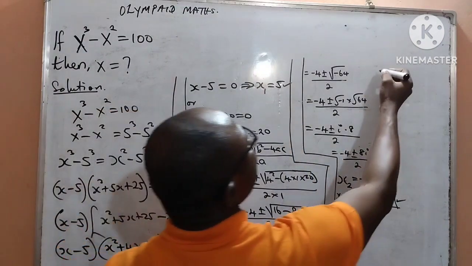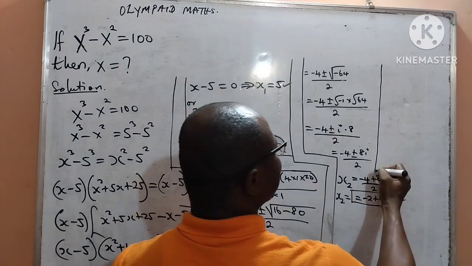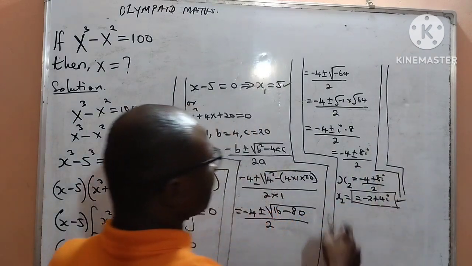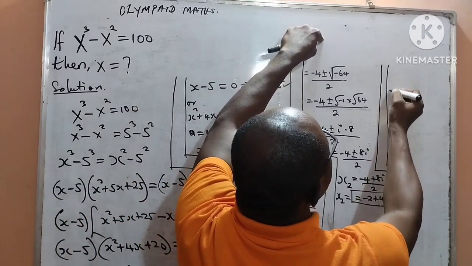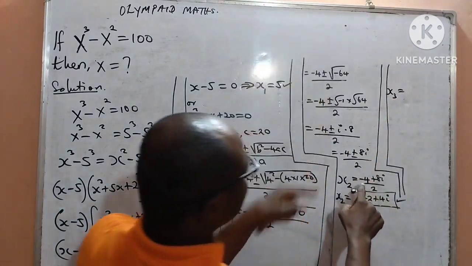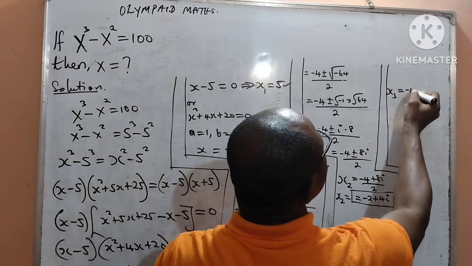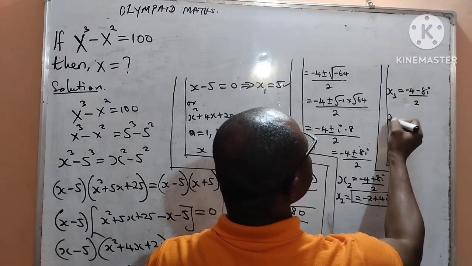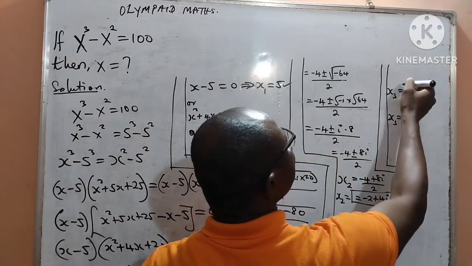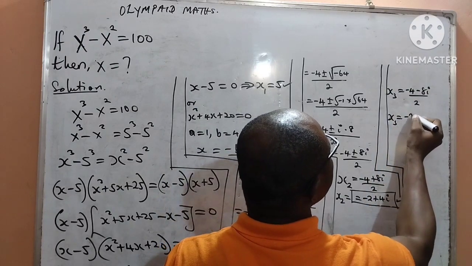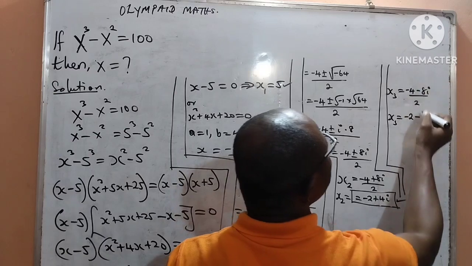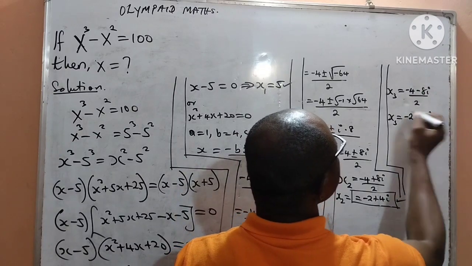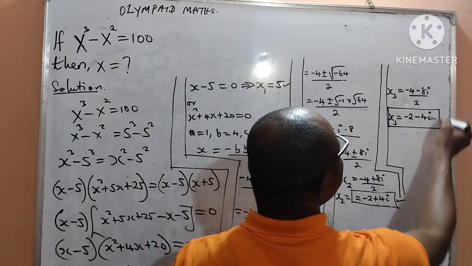Then going for the third value of x, x3, I have minus 4 minus 8i all over 2. And this will now be for me, 2 divided into minus 4 will give me minus 2, then minus 4i. This now becomes the third value of x.